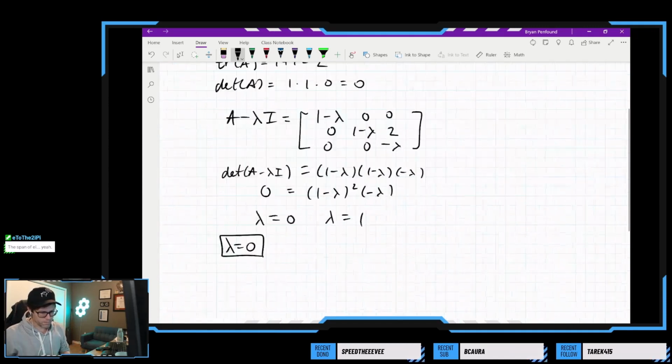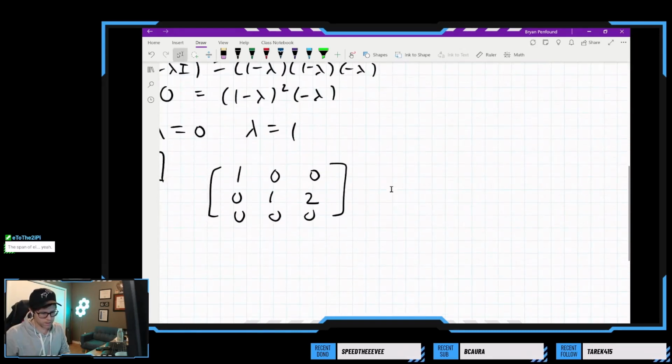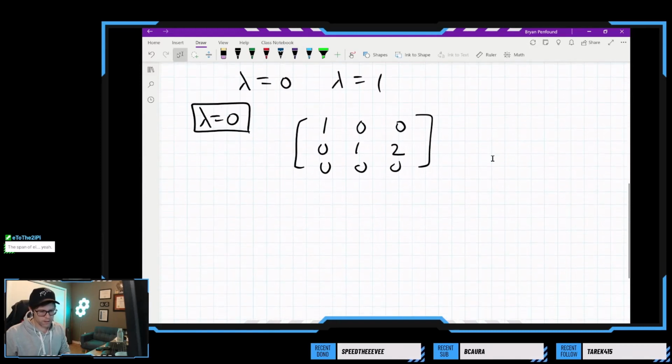So if we take a look at what's going on when lambda is equal to 0, what do we get here? When lambda is equal to 0, we should get the matrix 1, 0, 0, 0, 1, 2, and 0, 0, 0. So we basically just get A back, right? When lambda is equal to 0. This is already in reduced row echelon form.